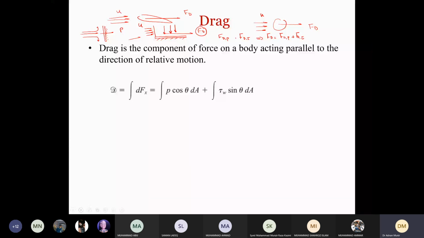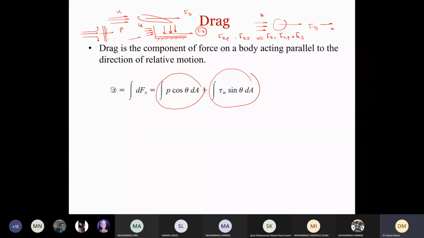So this is the equation that we have. You can clearly see here, drag force is the sum of all the forces in x direction, and this is the contribution of pressure inside drag force, and this is the contribution of shear stress inside the drag force.